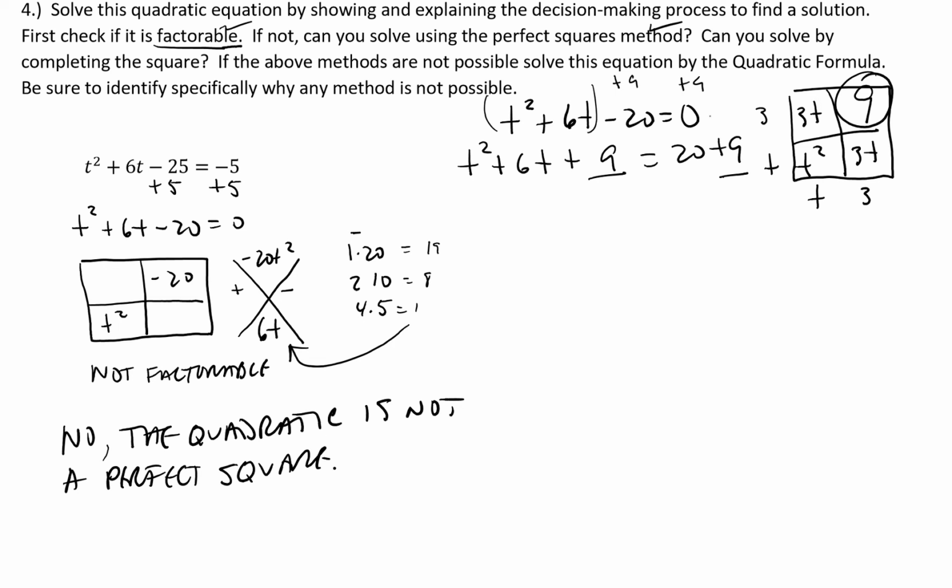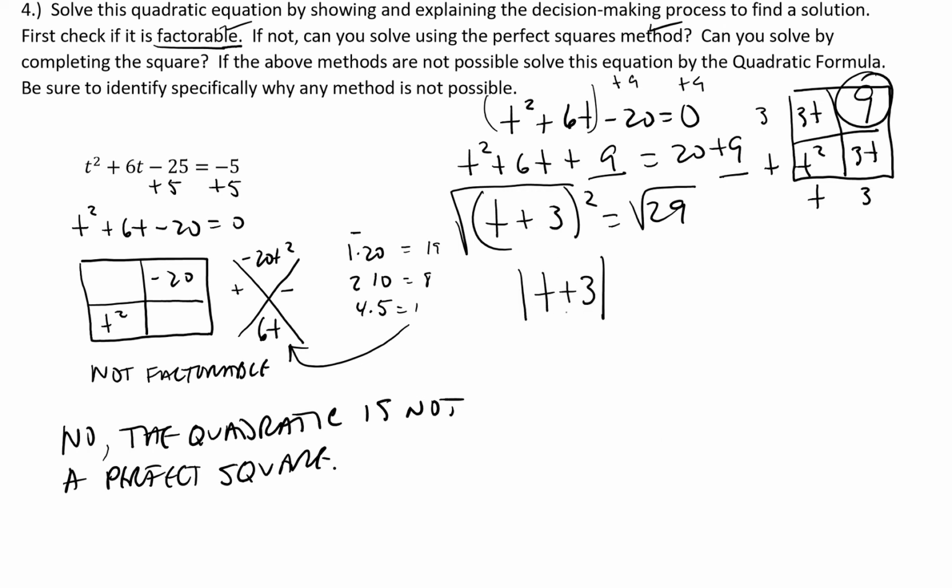So I just moved the 20 and then added 9, and so this ends up being t plus 3 squared equals 29. Then I take the square root of both sides, and the absolute value of t plus 3 equals the square root of 29.